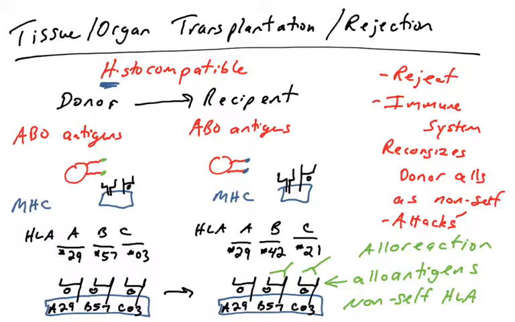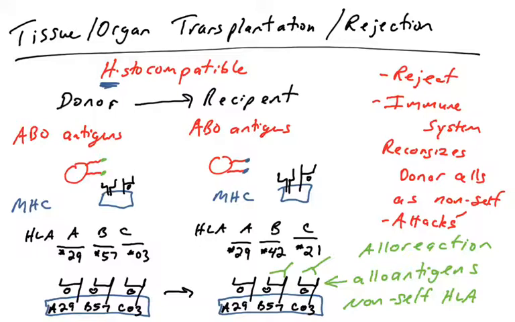Because these molecules are non-self. I mean, they are just MHC class 1 molecules. Obviously, the recipient has MHC class 1 molecules, but HLA B57 is slightly different than HLA B42. So if that difference is noticed by the immune system, it might make antibodies to HLA B57.